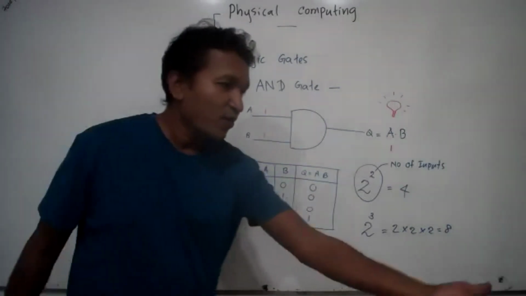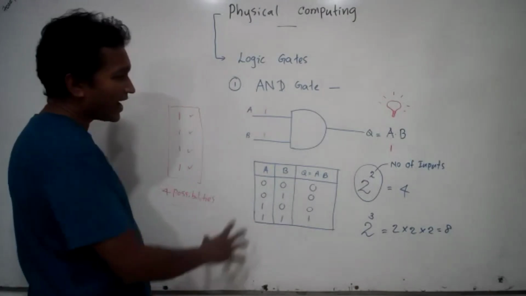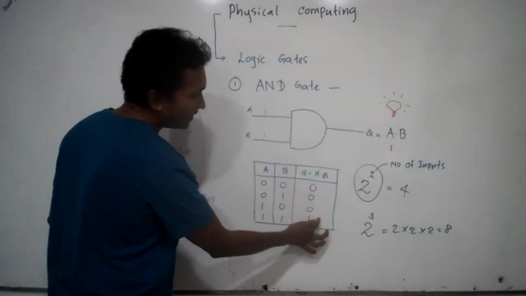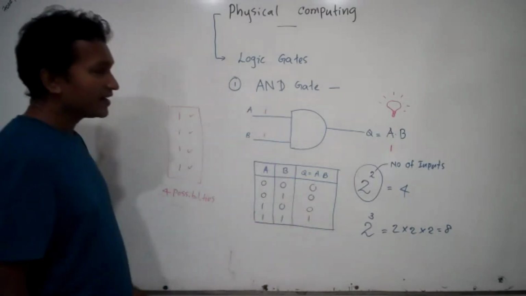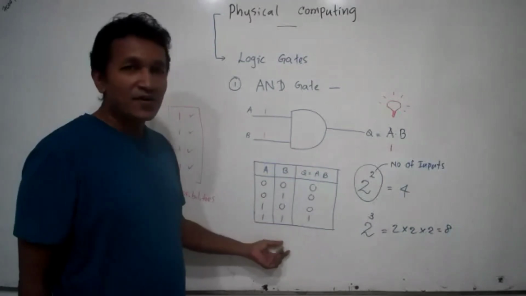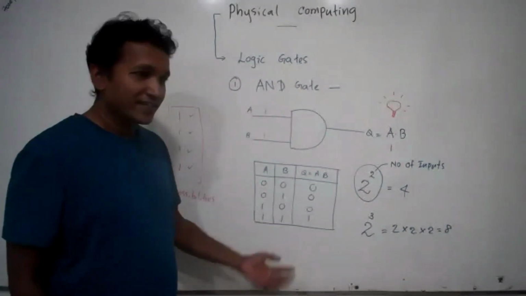Okay, then this is about the AND gate. When there are two inputs, we can get the output as this, right? Those who are not there, you can take this down very quickly.